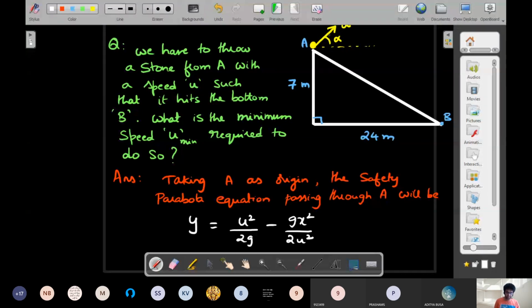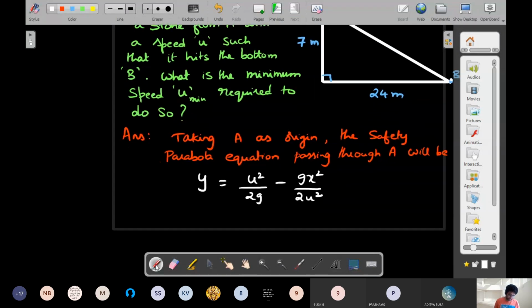Now this safety parabola equation is the envelope of all the curves that you have possibly coming from A to B. Then B should at least lie on the periphery of that curve. Okay, so that means B should lie on the safety parabola. Okay, right. So for the minimum condition, point B, now using A as origin, B would be downward, right?